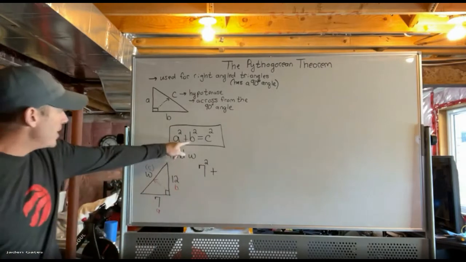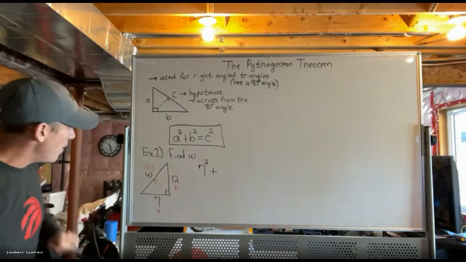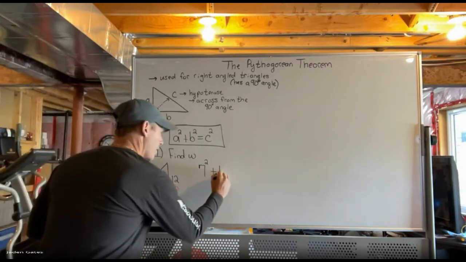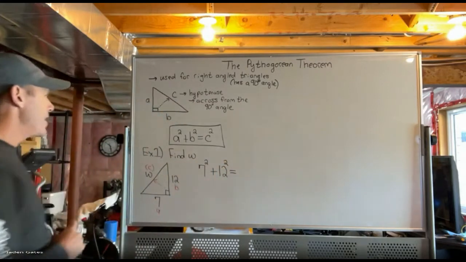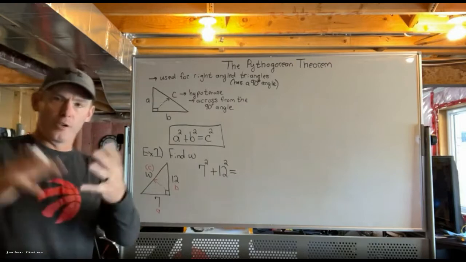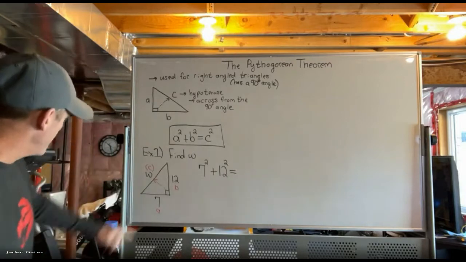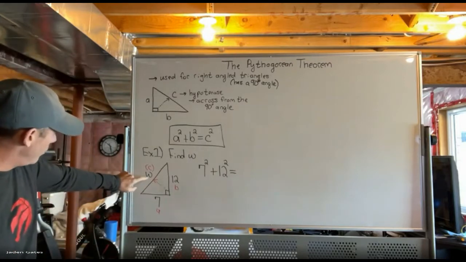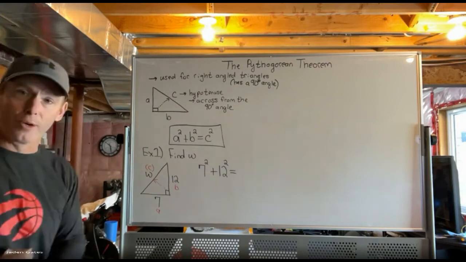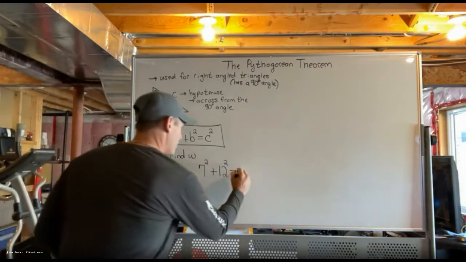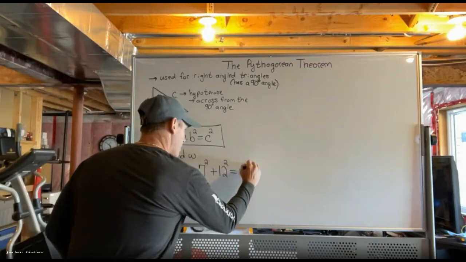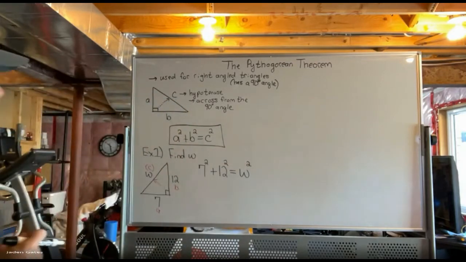And instead of b squared, well, b is 12, so I'm going to write 12 squared. And then C, which is our unique side, our hypotenuse across from the right angle, is actually called W. So instead of c squared, I'm going to write W squared. All right, so now I've got everything in the right order.